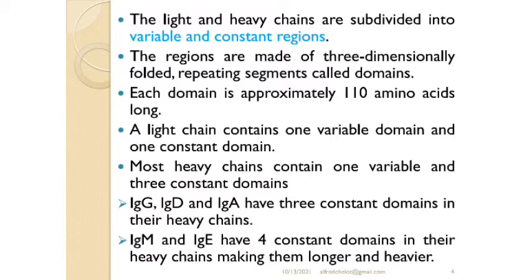Each domain contains approximately 110 amino acids. A light chain consists of 1 variable domain and 1 constant domain, whereas most heavy chains contain 1 variable and 3 constant domains. For example, immunoglobulin G, D, and A have 3 constant domains in their heavy chains, but immunoglobulin M and E have 4 constant domains in their heavy chains, and because they have 4 constant domains, they appear much longer and heavier.